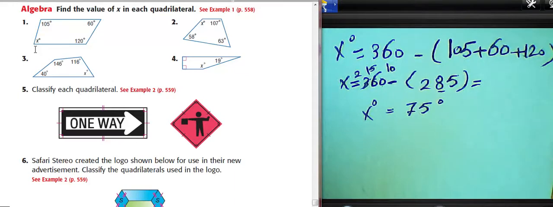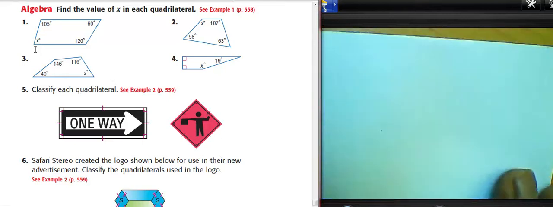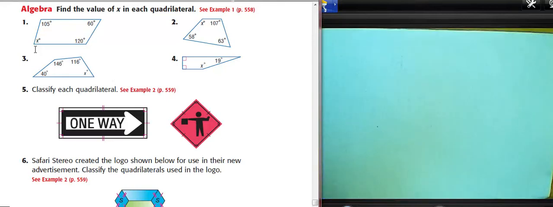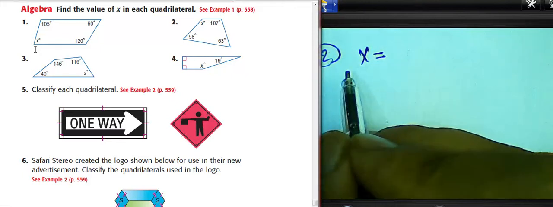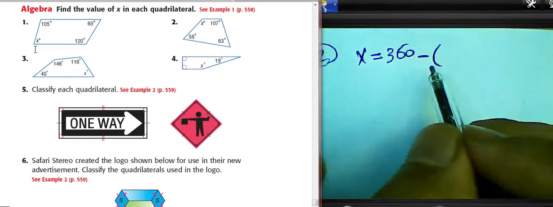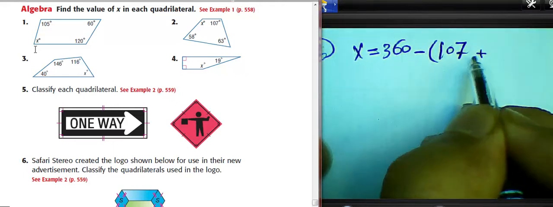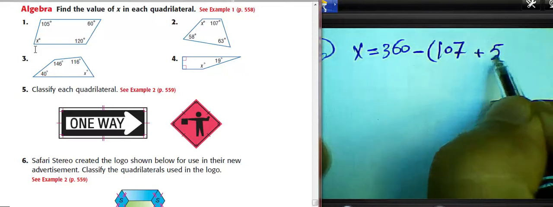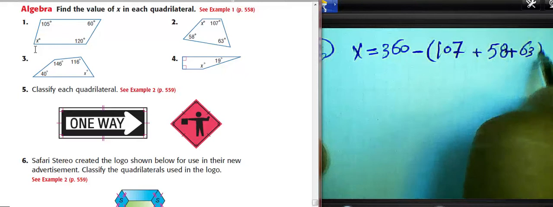Question number 2. We have a quadrilateral. The sum of the interior angles of this figure equals 360. So in this example, question number 2, we can find the value of x. 360 subtract, we can open brackets and write 107 plus 85 plus 63.